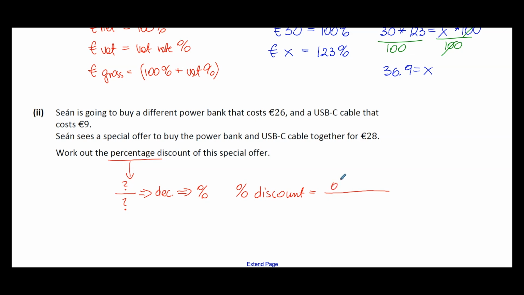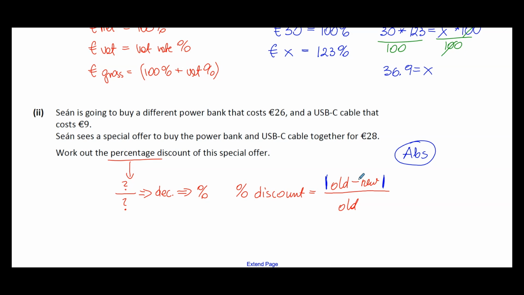On top of the fraction, we will have the old number minus the new number, and at the bottom of the fraction, we have the old number. To make sure we don't get a negative, we can put absolute value brackets on top of the fraction. In your calculator that will be ABS, the button that gives you that straight bracket, and you don't have to worry whether it is new minus old or old minus new.